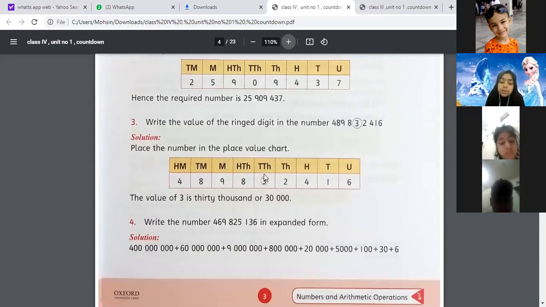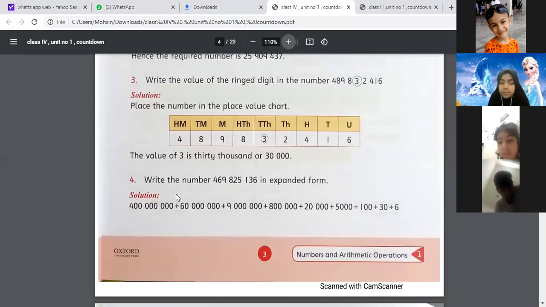So this 3 comes under 10,000. So the value of 3 is 30,000. If we write 4 digits after the 3, then it becomes 30,000. Why do we do this? Because it is on the 10,000 place.